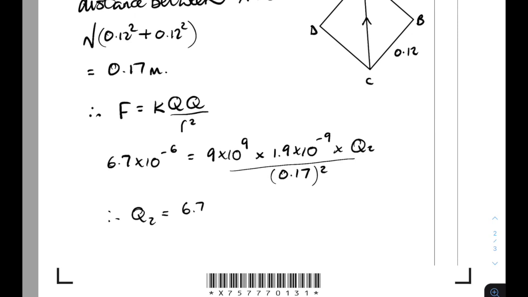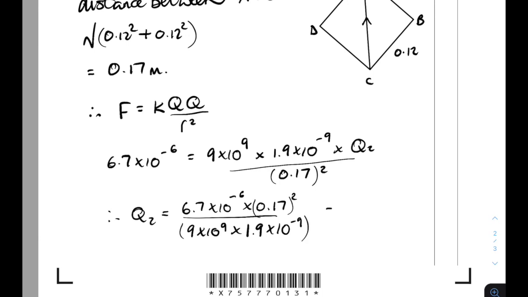So Q2 will be equal to 6.7 times 10 to the minus 6 times your 0.17 squared, divided by 9 times 10 to the 9 times 1.9 times 10 to the minus 9. We just rearranged that previous line. And that gives us an answer for Q2 of 1.1 times 10 to the minus 8 coulombs.